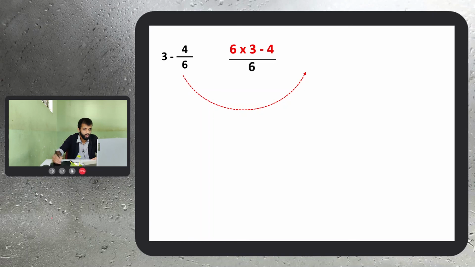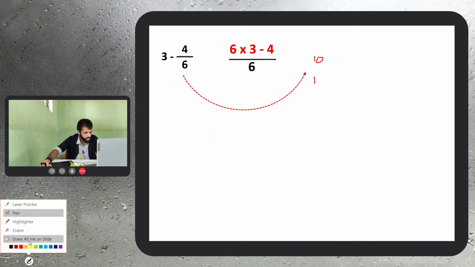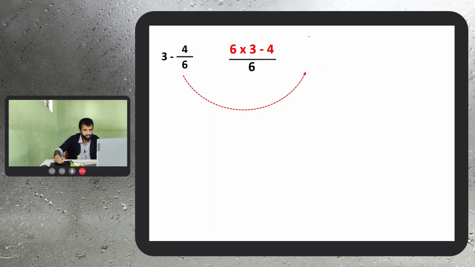So that's how you will get this to be 6 multiplied by 3, which will become 18. Okay, so this will become 6 threes is 18 minus 4 upon 6. Okay, so 18 minus 4 is going to give me 14 upon 6. I hope you are able to understand what is the calculation part of it.